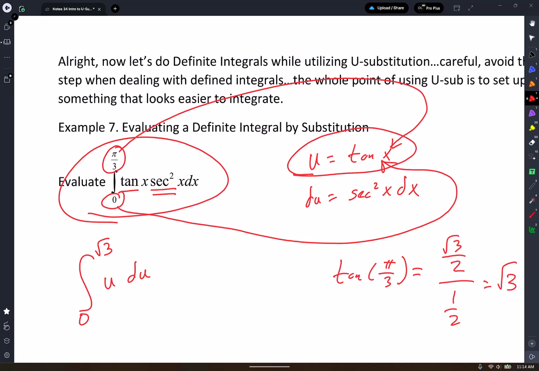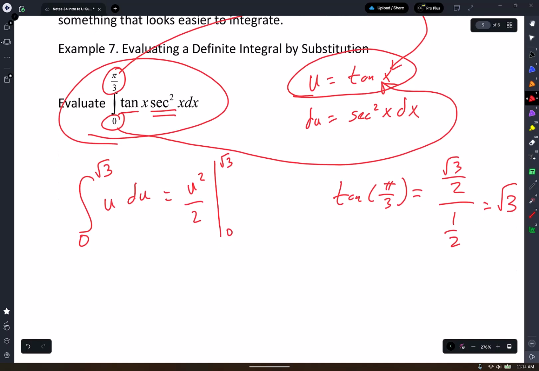You're just going to do upper minus lower. So here we go. Antiderivative of u. What's the antiderivative of u? u squared over 2. Put a little line, put a 0 on the bottom, put a square root of 3 on the top. If you want to have the divide by 2 on both terms, you can, upper minus lower, but make life simpler. If both terms have the 2 on the bottom, can't I just factor it out? So make life simple, guys.